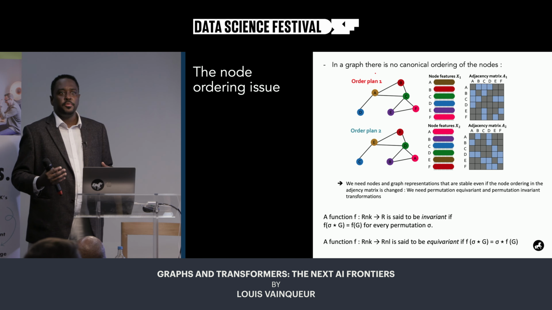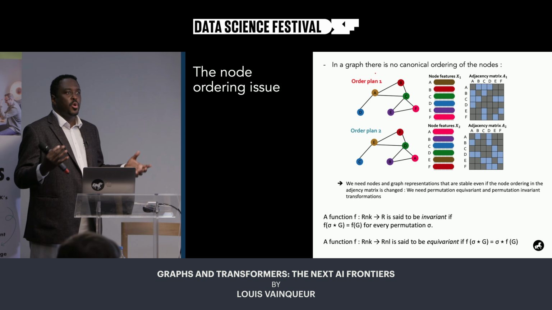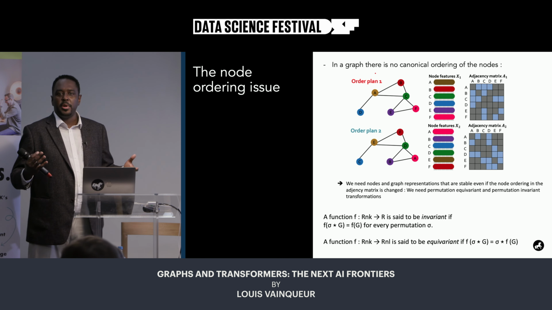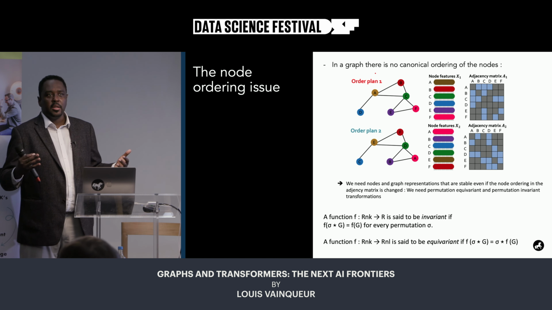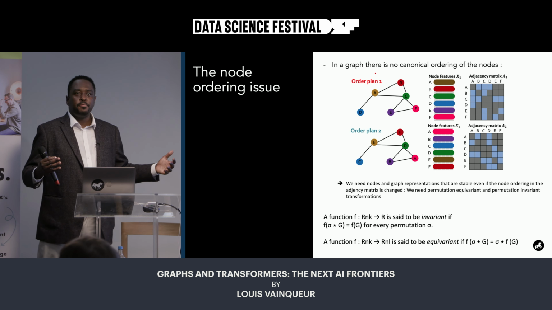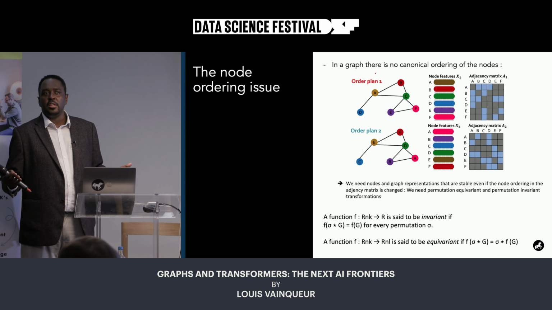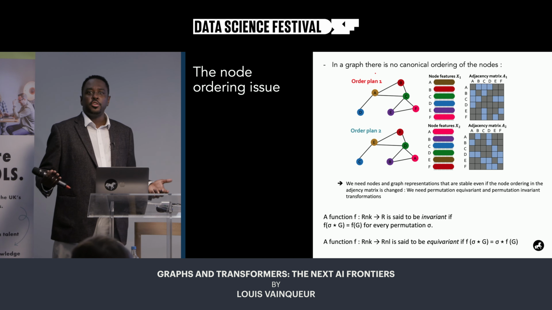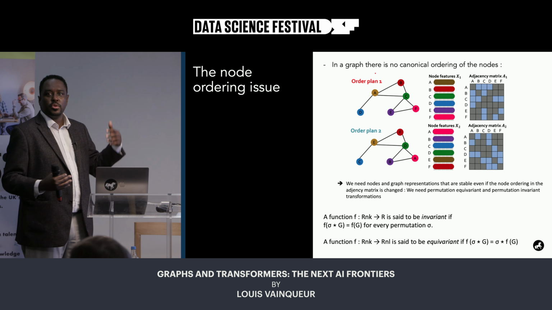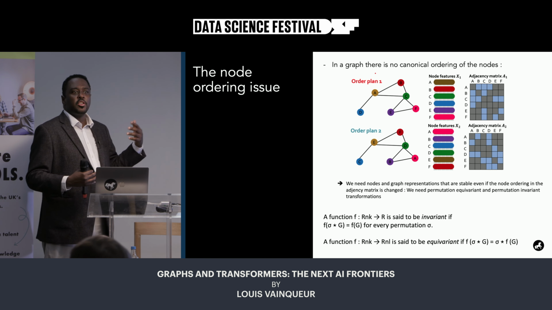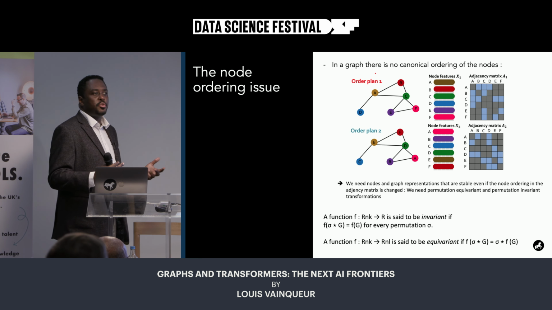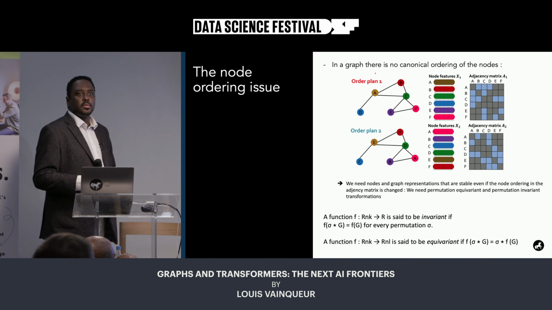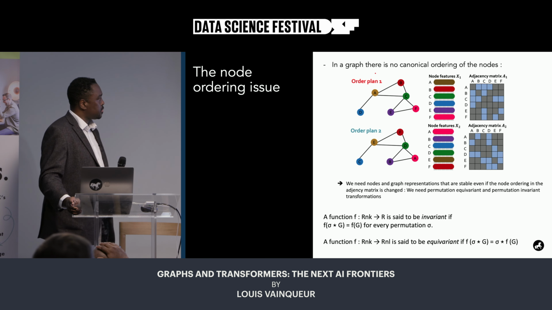If you have a network of customers and each customer has a customer ID, and you can see all their buyings for the last year, if tomorrow you just change their customer ID, you don't expect their behavior to change. So the ordering is completely arbitrary. And so you need transformation that are taking into account the specific aspect of graph that ordering shouldn't impact some of the outcome.